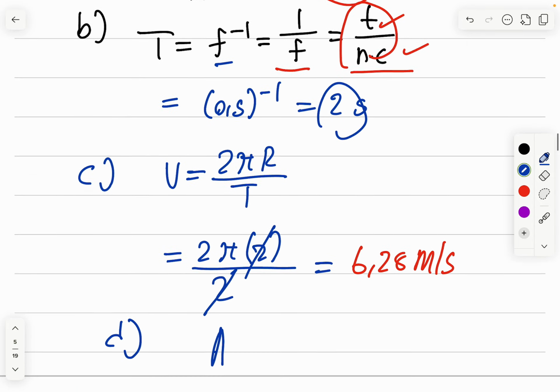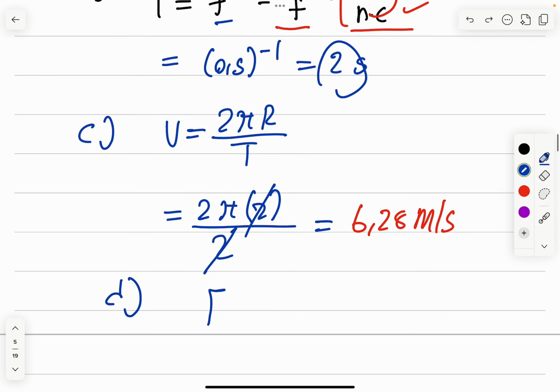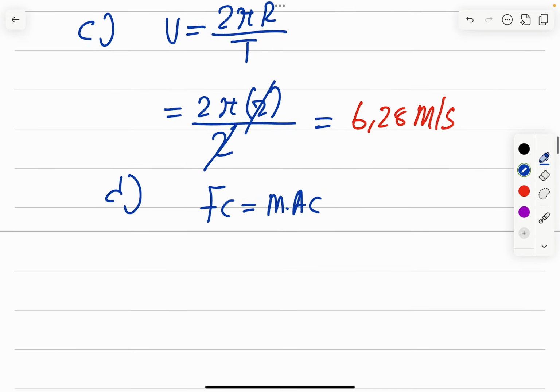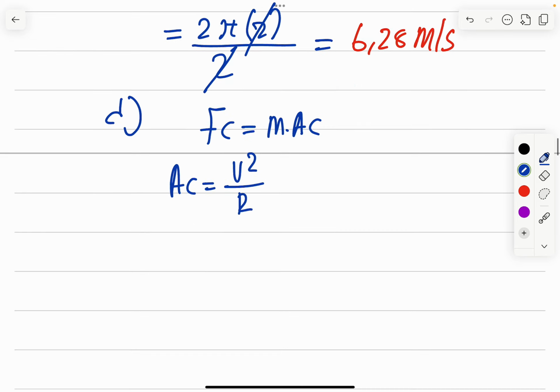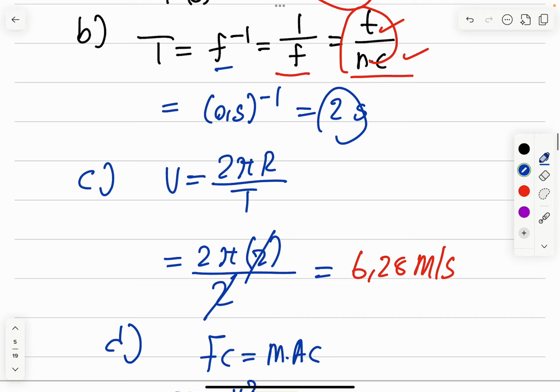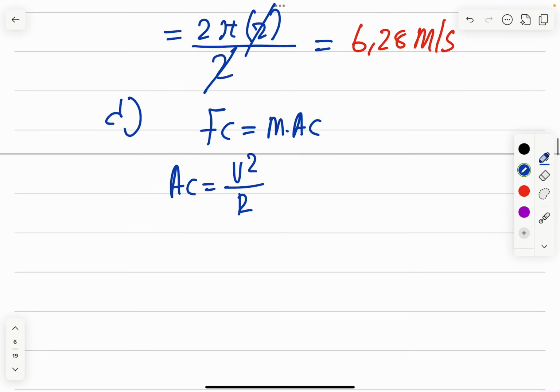Centripetal force is the same as this. Centripetal force equals mass times centripetal acceleration, and centripetal acceleration equals velocity squared divided by the radius. Understand? And then we can take this and substitute it here, meaning the centripetal force equals the mass times velocity squared divided by the radius.